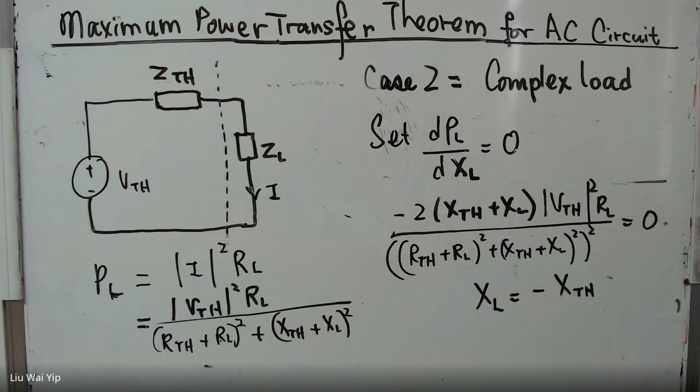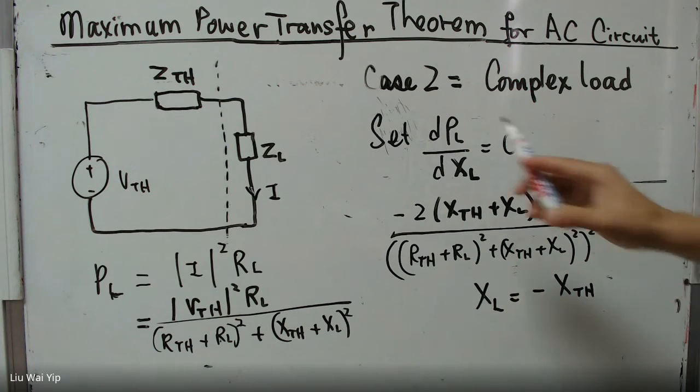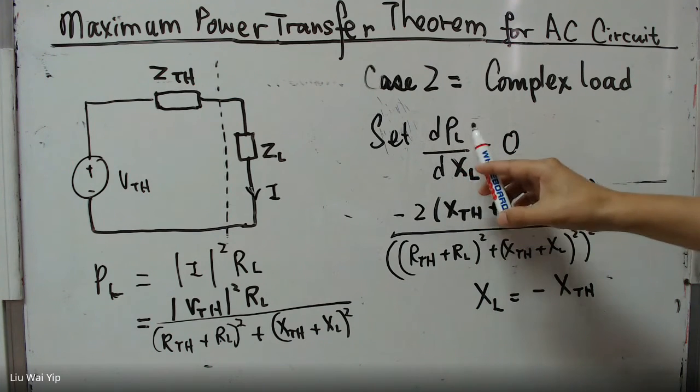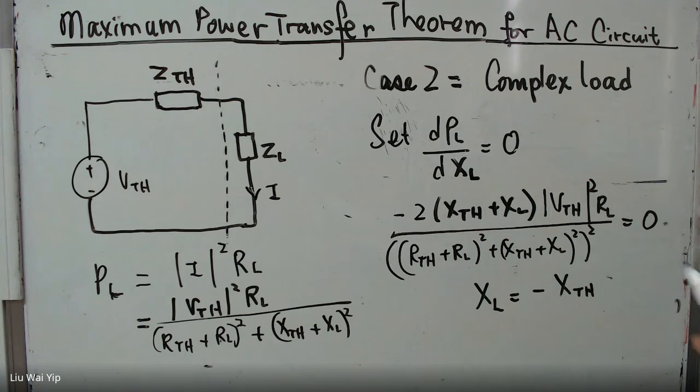So this is the first condition, by setting dPL, the derivative of power L against the XL, the load reactance, equal to 0. So we say this result.